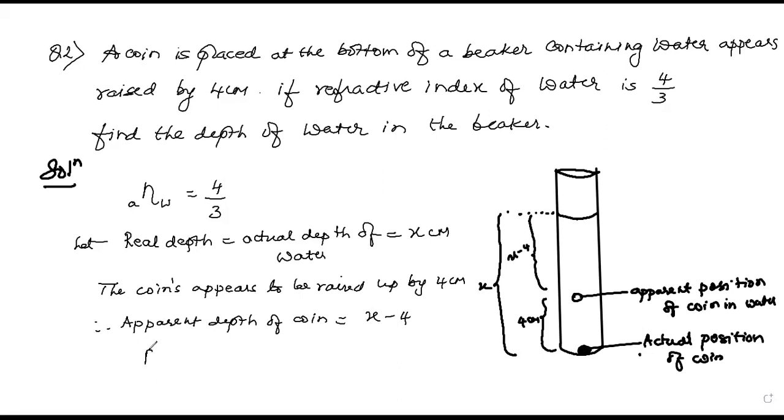Now remember, the refractive index of water with respect to air is also given by the formula real depth upon apparent depth. So what is it, children? You know the values.